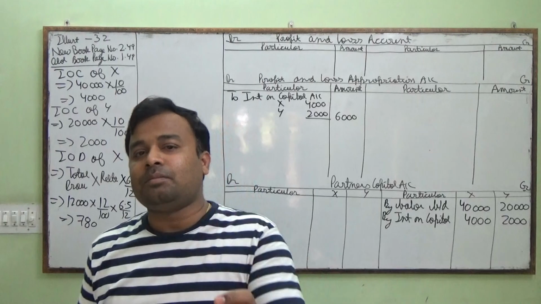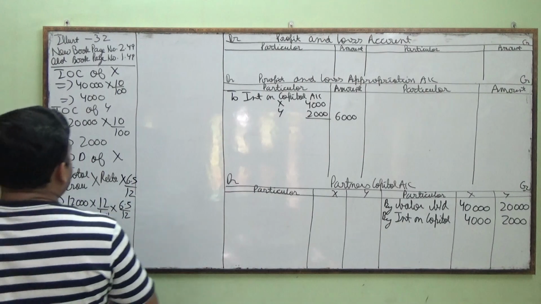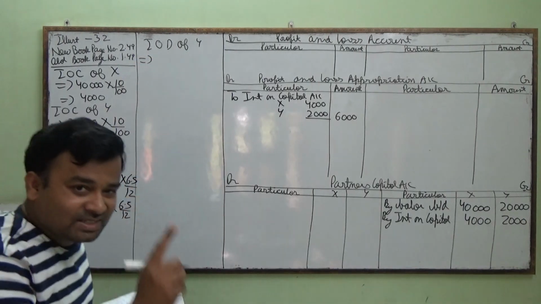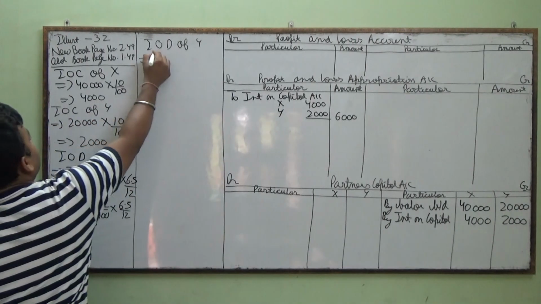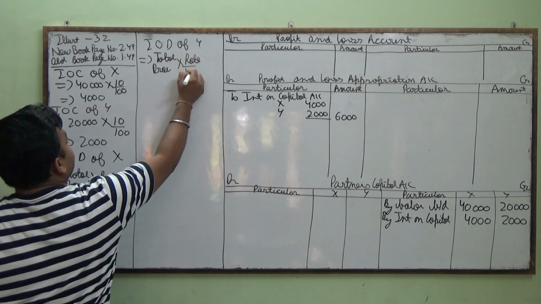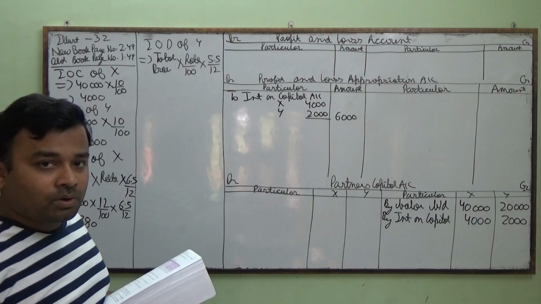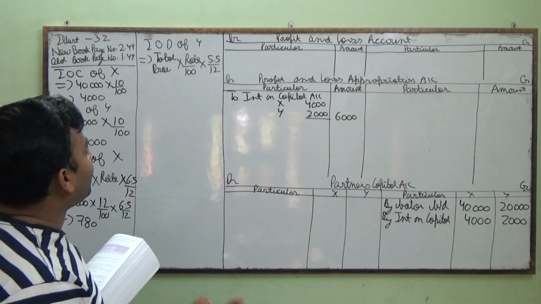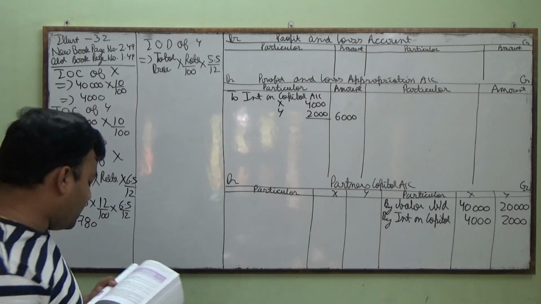When a partner withdraws a fixed amount at the end of every month during the whole year, then the formula for calculating interest on drawings is: total drawings into rate into 5.5 divided by 12.